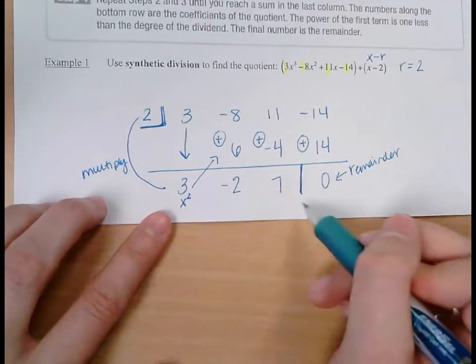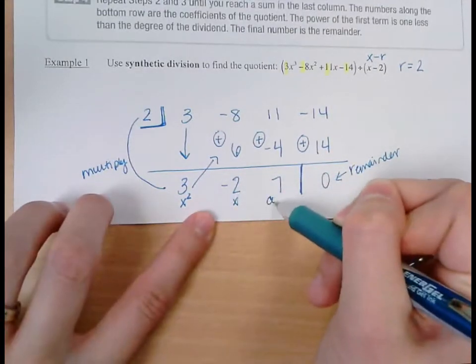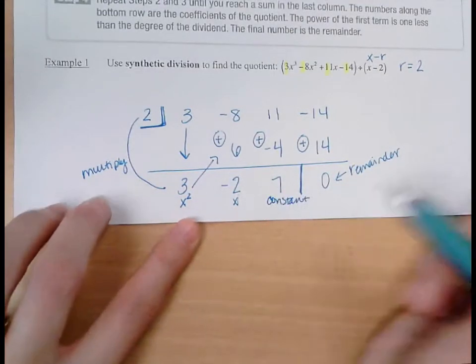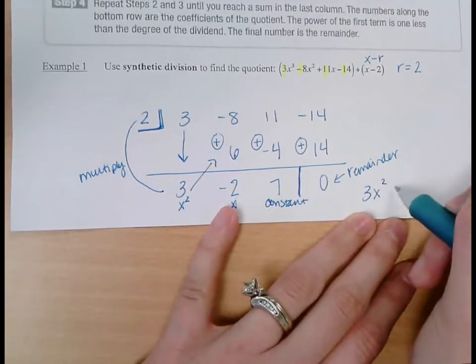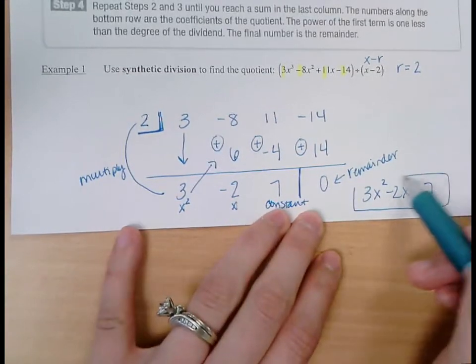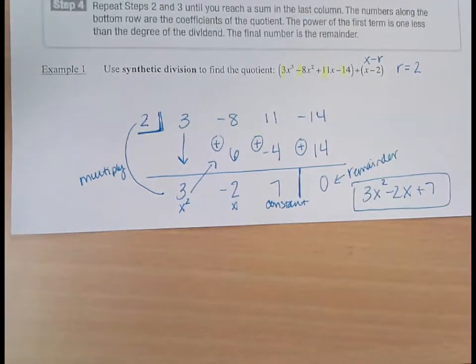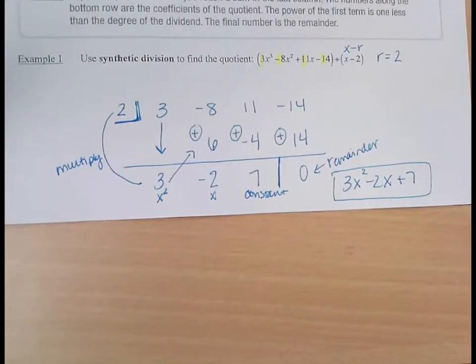Negative 2 then, and then you go down decreasing order, so negative 2 would be the x term, 7 is the constant. So the answer is 3x squared minus 2x plus 7, and the remainder is 0. So that's how we could have gotten that same answer with synthetic division versus long division. So you saw the same example both ways.